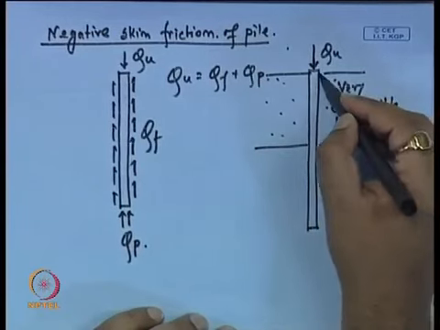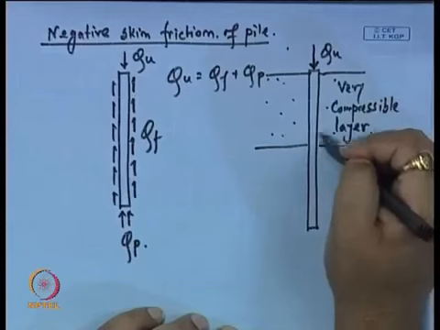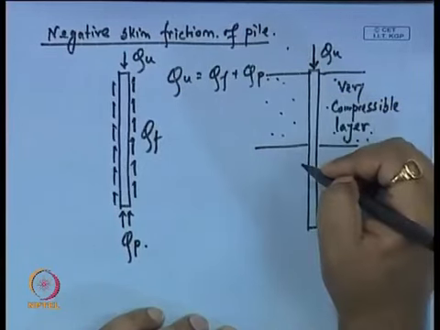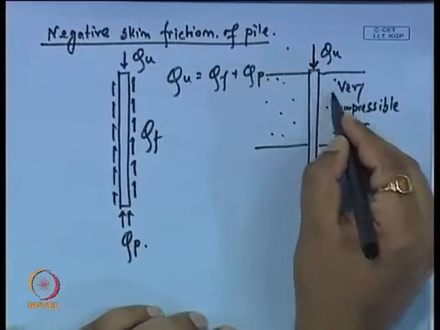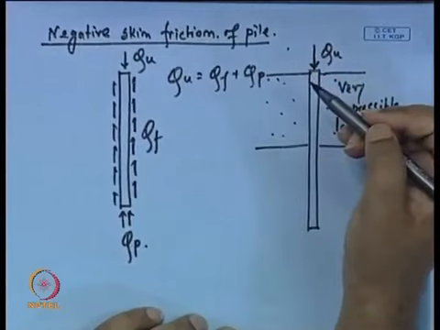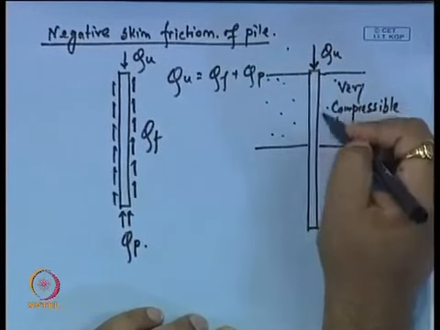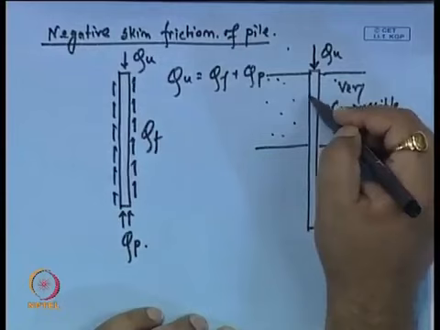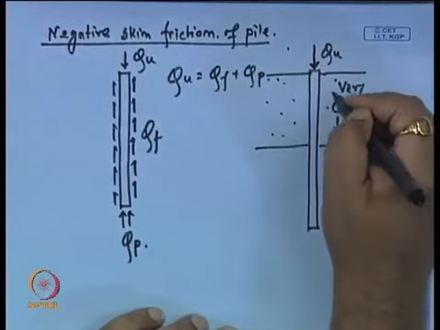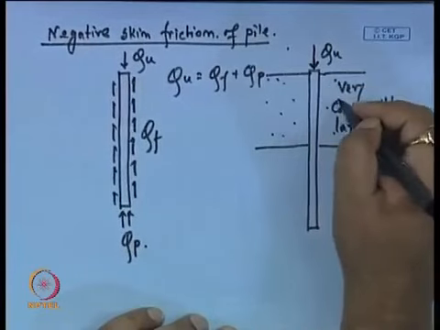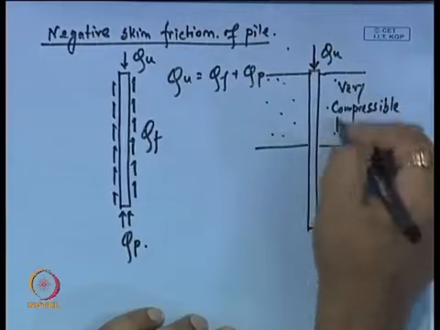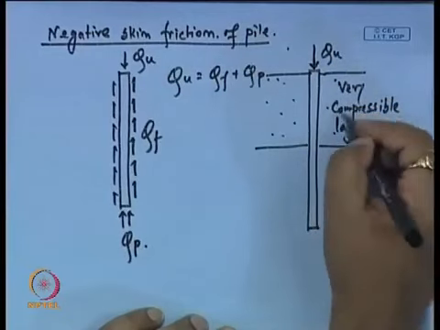So, the friction resistance that we are getting will not act in the upward direction, it will act in the downward direction, because with respect to the soil, the pile is moving in the upward direction, because the soil settlement is more compared to the pile settlement.